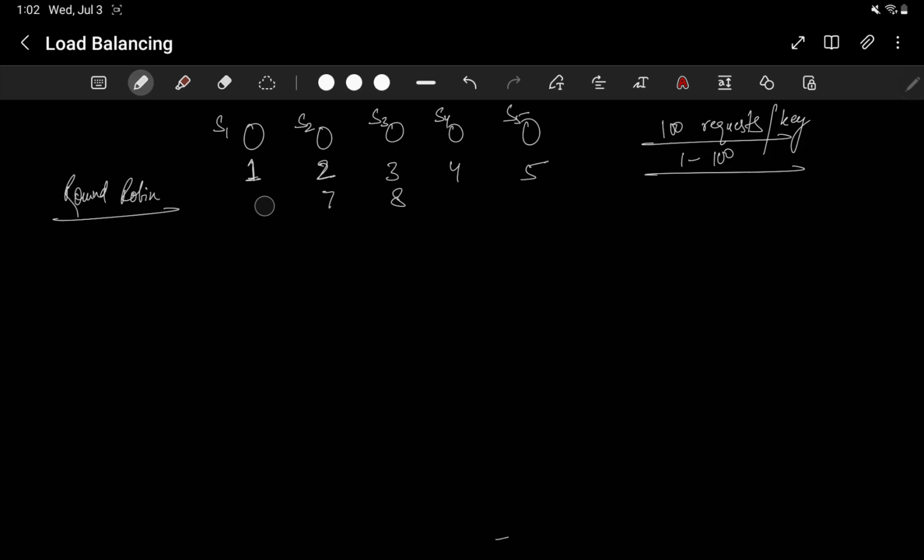By the time 6's turn came, 2 would have been completed, so 6 could go there. But using round robin, we put 6 on server 1, and 6 will keep waiting until 1 is finished, even though server 2 was already available, right?